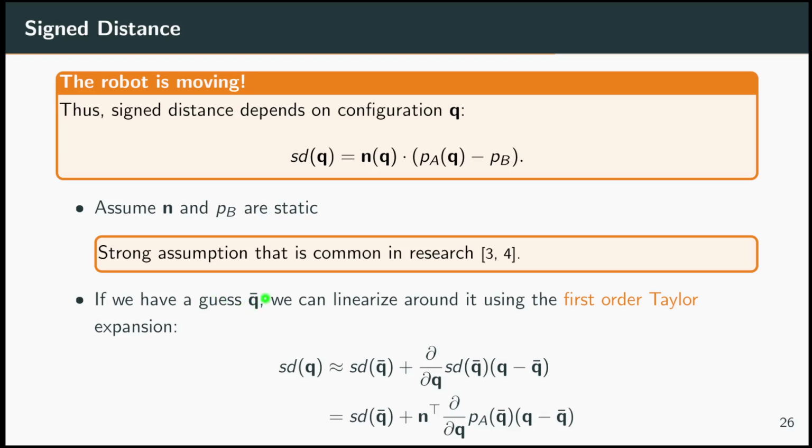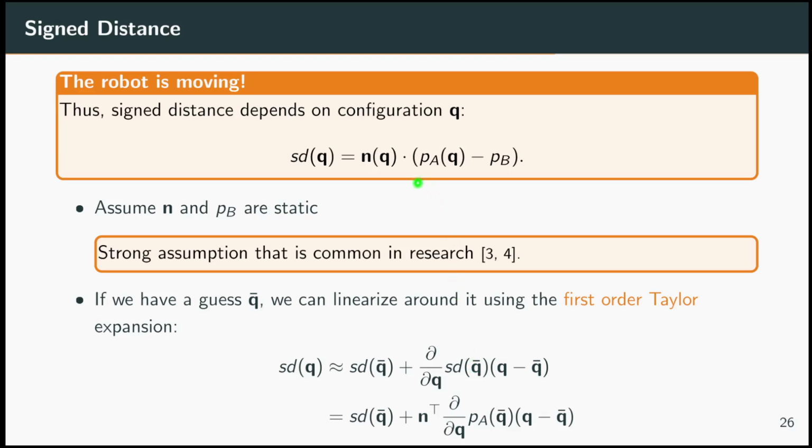So now let's assume we again have this initial guess on where our robot currently is. With these two assumptions, we can linearize our function, and we use the same method, the first order Taylor expansion. Now it's a bit simpler because we just have one variable, so it becomes the signed distance at the point we are looking at, which comes from FCL, plus the partial derivative of that SD function with respect to Q at this initial point.